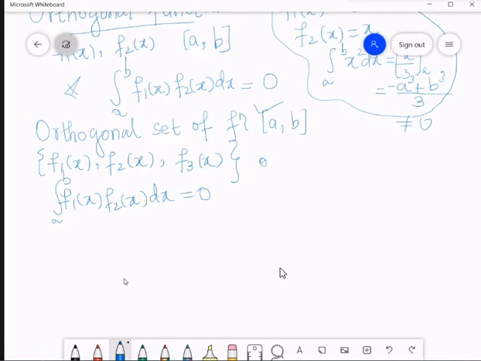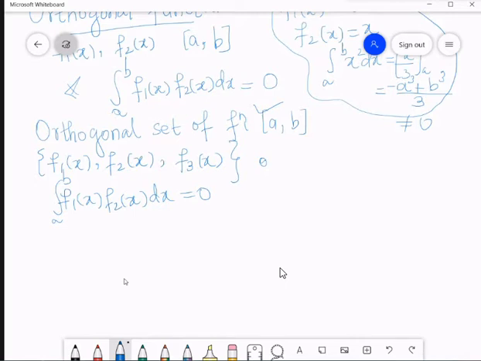So one vector is perpendicular to each and every other vector. If I take f1, it should be perpendicular to f2 as well as f3. Similarly, if I take f2, it should be perpendicular to f1 as well as f3. And if I take f3, it should be perpendicular to all the other functions in the set.